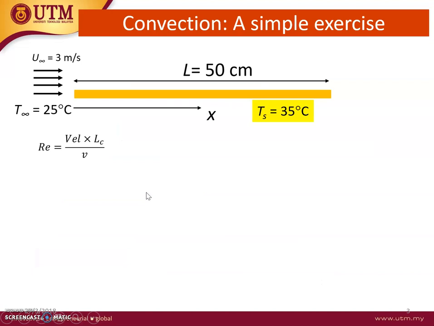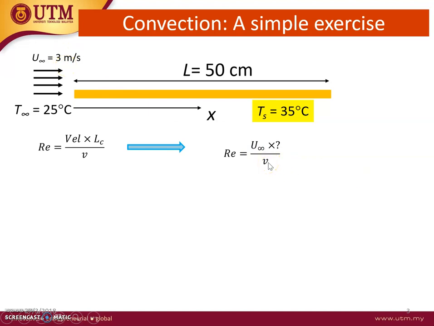You have your flow. You can determine the Reynolds number, which is velocity multiplied by the characteristic length divided by the kinematic viscosity. In this case, if you are performing your heat transfer analysis over the whole length of the plate, then your characteristic length will be 0.5 meter. And your velocity will be the free stream velocity of 3 meters per second.